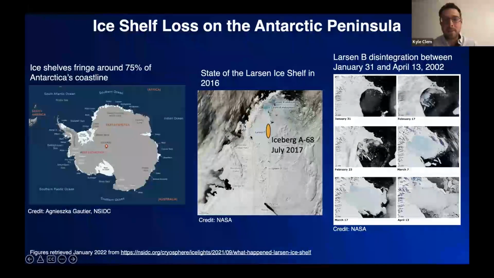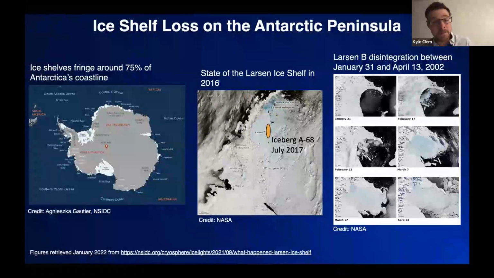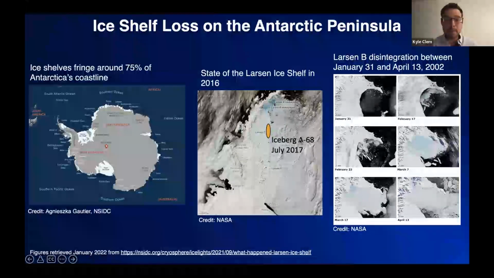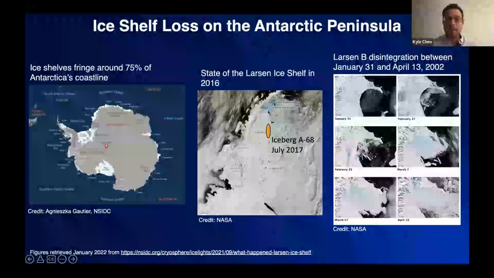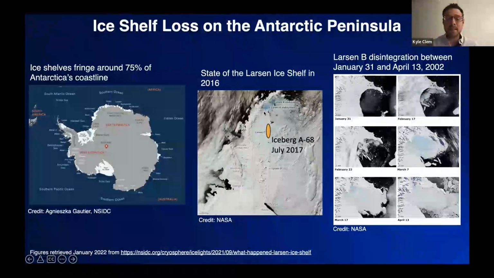And then to the south, which will be the focus of the work that I present today, the much larger Larsen C ice shelf on the eastern Antarctic Peninsula has been observed to be thinning in recent decades. In July 2017, a massive chunk broke off, forming the world's largest iceberg at that time. And so I'm curious as to what the fate potentially of Larsen C is moving forward.